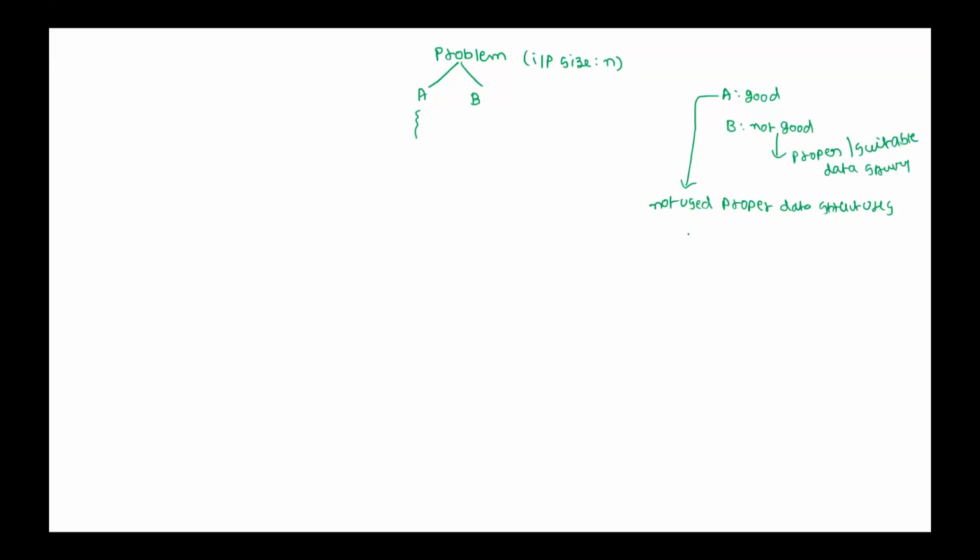Then what happens? Same instance, if I give instance 1 to A, it may take more, say 100 microseconds. Same instance, the corresponding program, I call this P1, and this corresponding program P2, is taking say 82 microseconds.